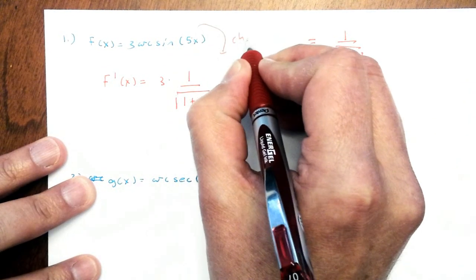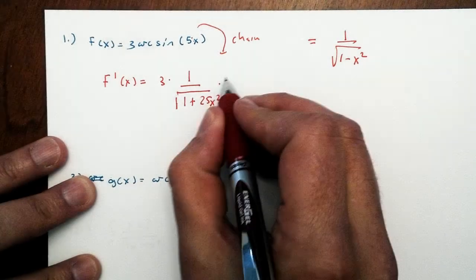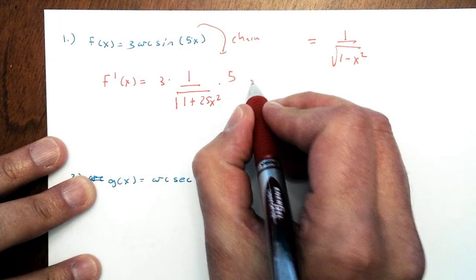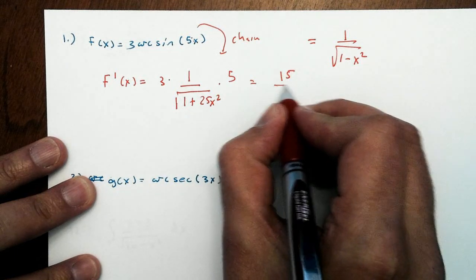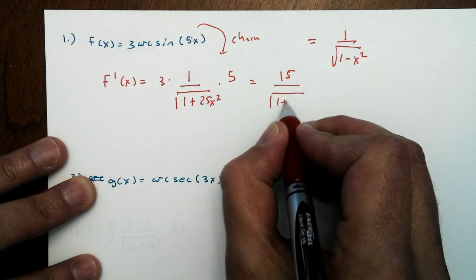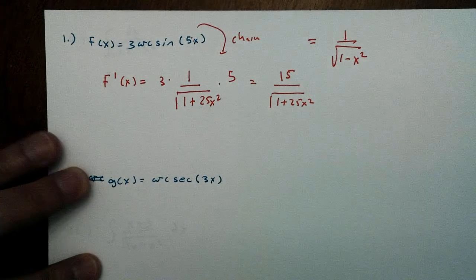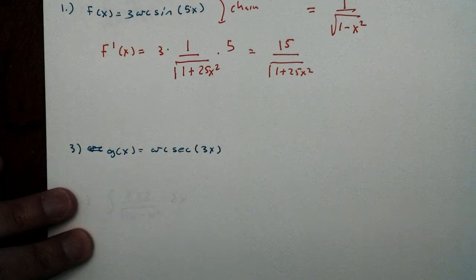There is a chain rule part here, so don't forget that. You can simplify this by making it 15 over the square root of 1 minus 25x squared.